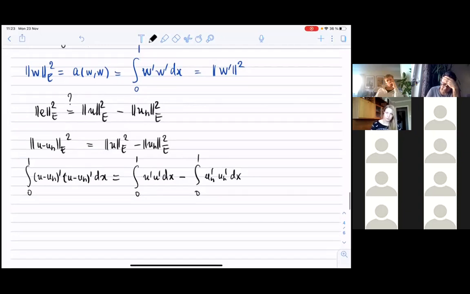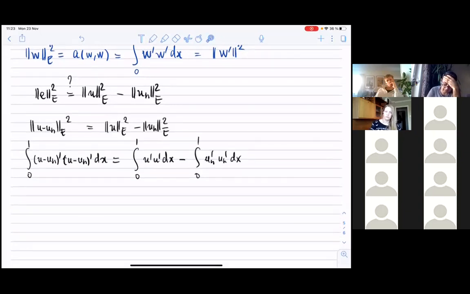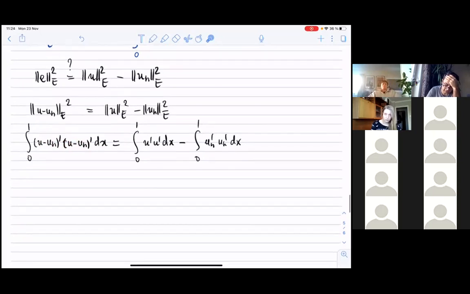The next step is we open this bracket, the multiplication of these two expressions, and split it into several small integrals. The first one, from 0 to 1, is u prime times u prime dx, minus.